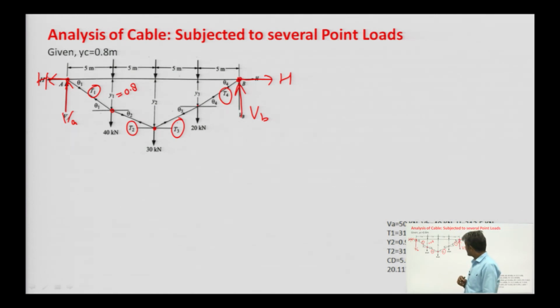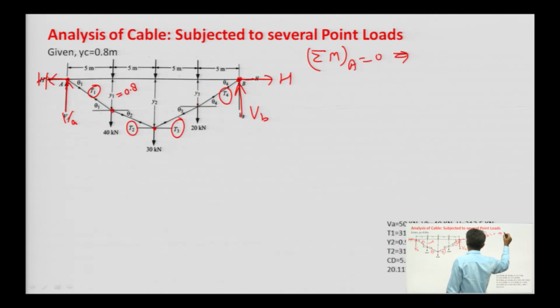So, as we did in the previous question, we will apply the same principle here. The values of T1 and T4 will be calculated exactly the same as in the last question. First, calculate the values of VA and VB through the equilibrium equation. Apply sigma M about A equals 0.